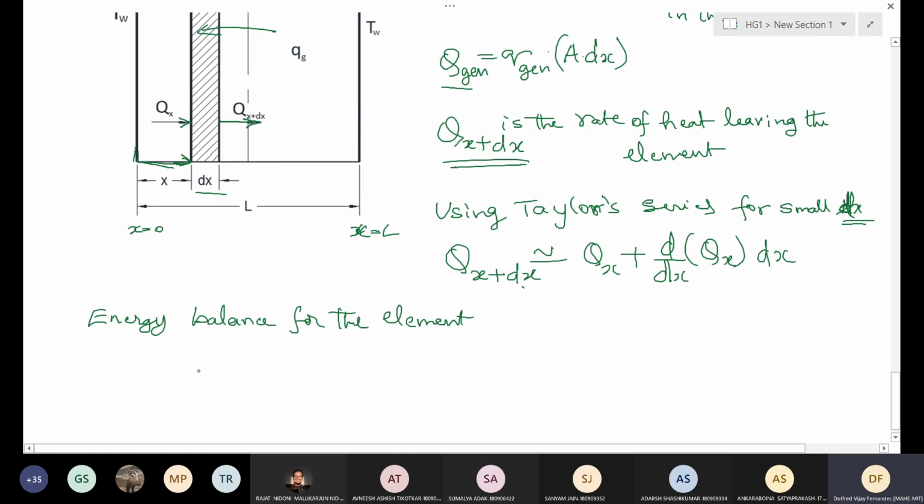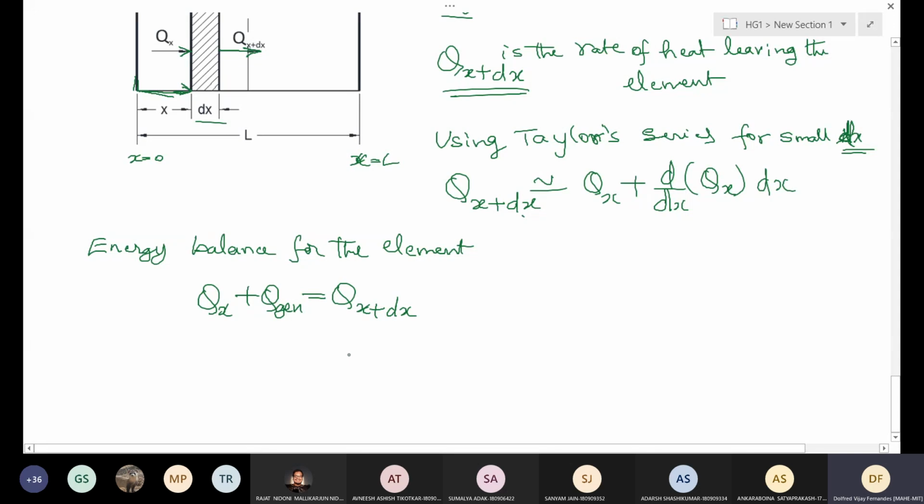Whatever is entering is Qx, whatever is generated is Q generation, and that should be equal to the heat leaving the element. Substituting, Qx plus Q generation equals, from this Taylor series approximation, Qx plus d by dx of Qx times dx.